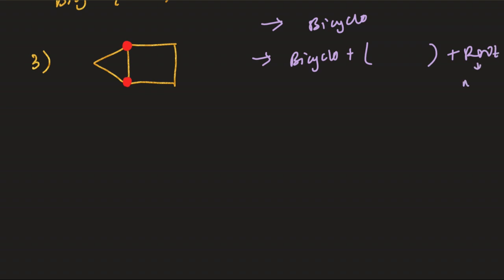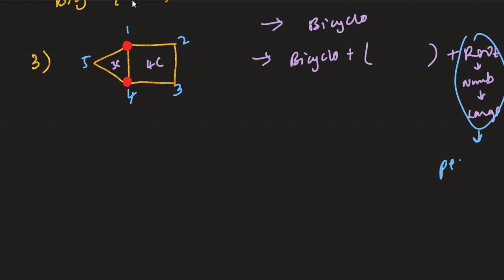You need numbering. How to start numbering? By using the large ring. This is a 3-membered ring, this is a 4-membered ring. So which one is larger? The fourth one. Should I start with the bridge carbon or without? With the bridge carbon. So 1, 2, 3, 4, 5. So based on this, we came to know that the root word is what? Pentane.